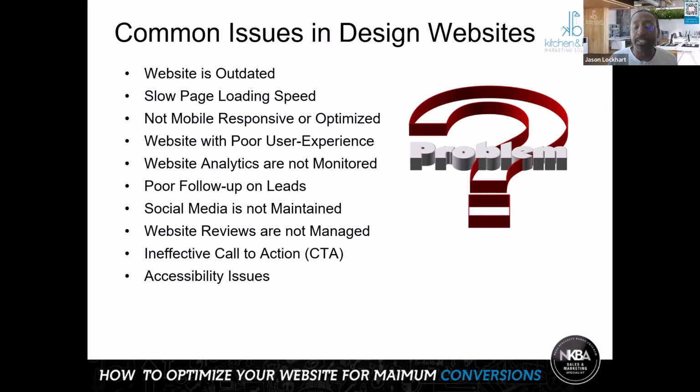Okay. Ineffective call to action. So making sure that you have some type of CTA that's saying, reach out to me for an appointment, join my newsletter, reach out for a free estimate, whatever your call to action is, making sure it actually aligns with what you do and what you're trying to get out of the prospect.